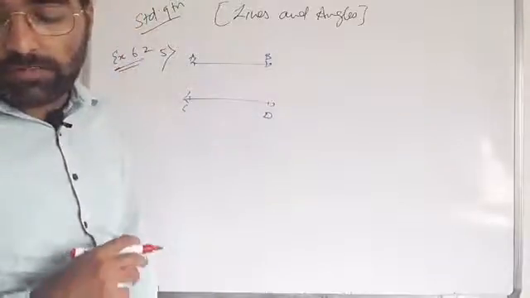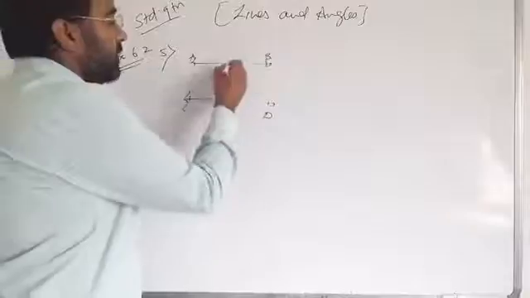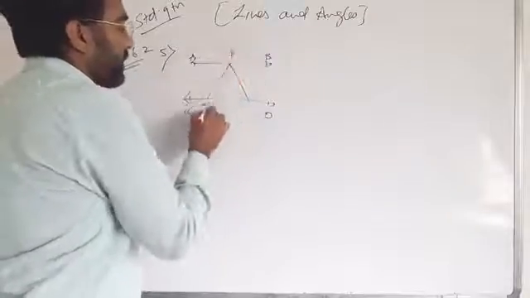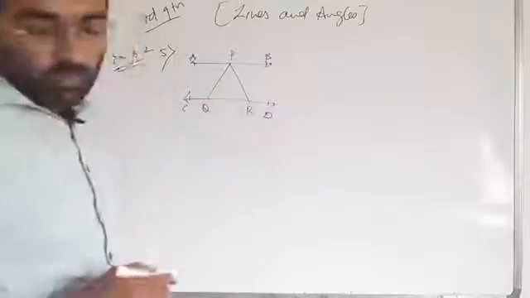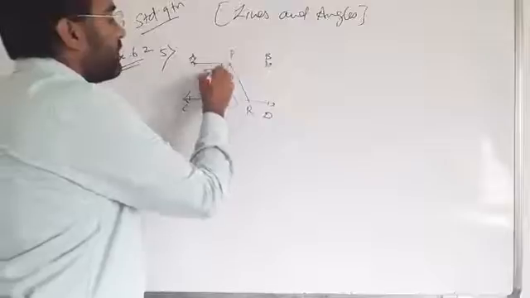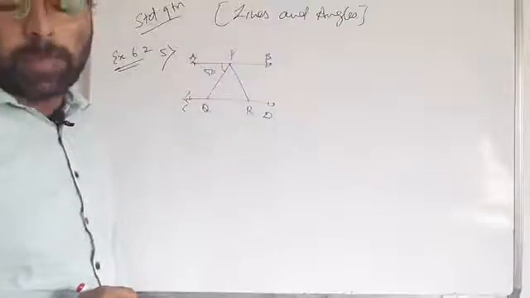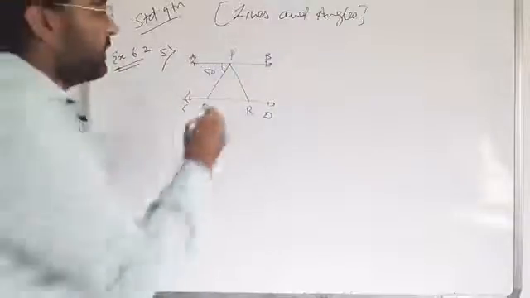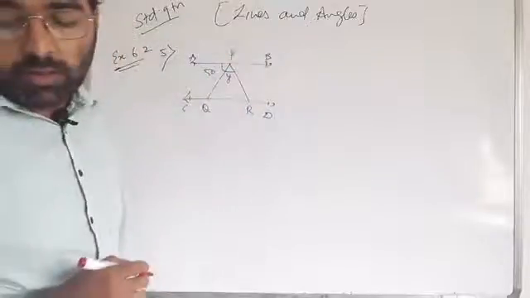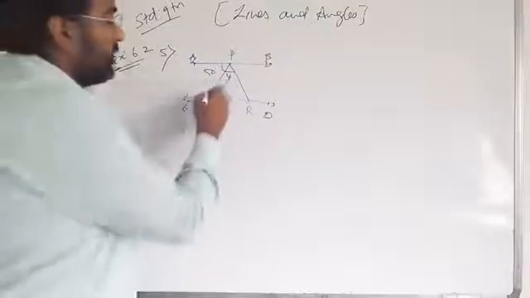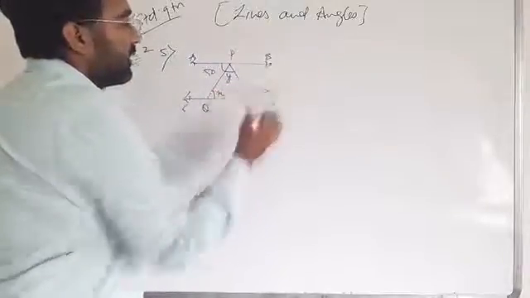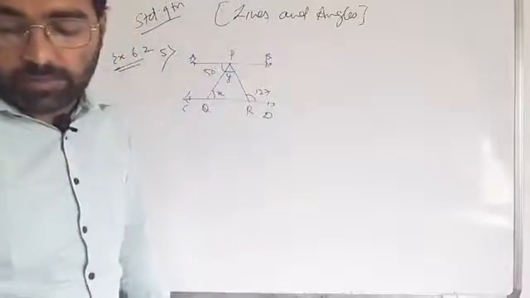And there is triangle PQR. Here angle 50 degrees is given. Second thing, angle Y is given here, this is my angle X and this is my 127 degrees.